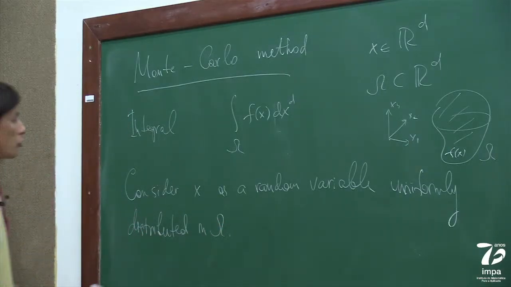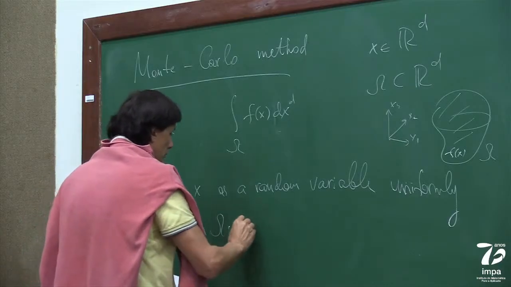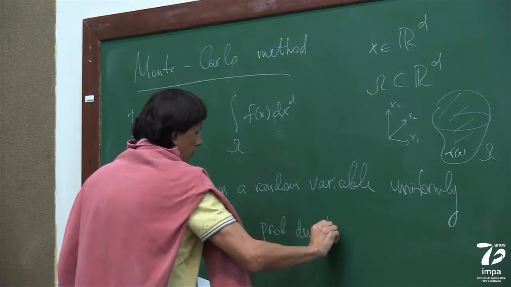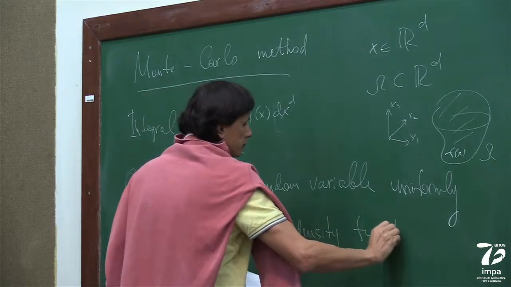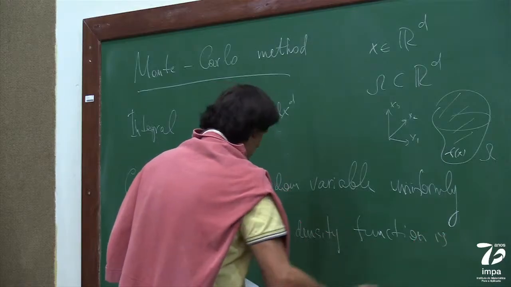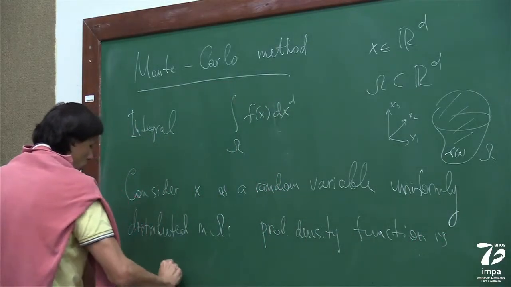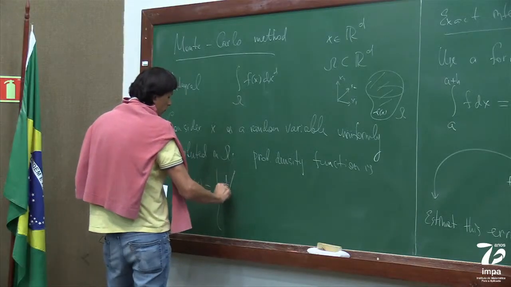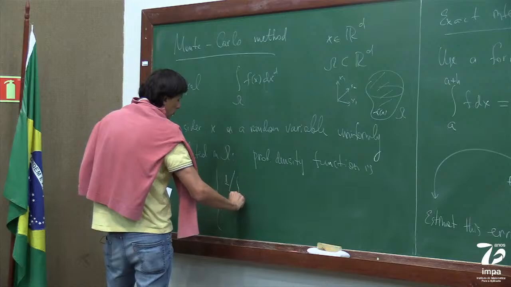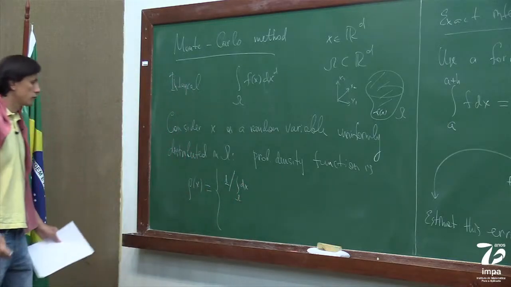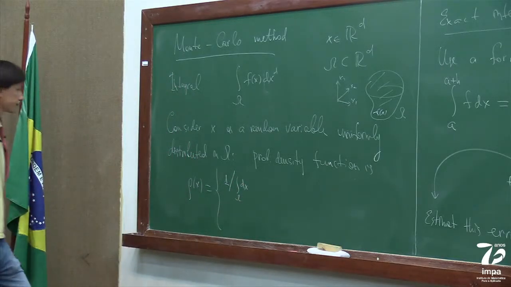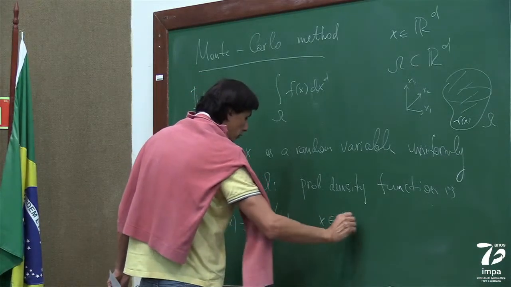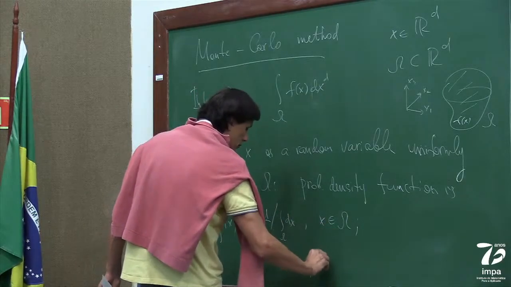Uniformly distributed in omega simply means that the probability density function, which we call rho of x, will be 1 over the integral of dx, so 1 over the volume, when x is inside the volume and 0 otherwise.